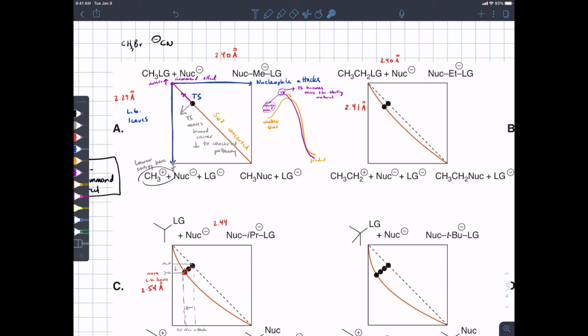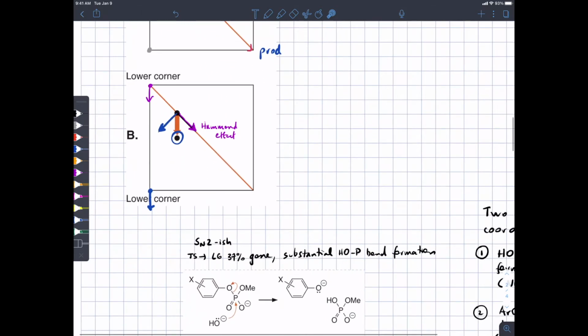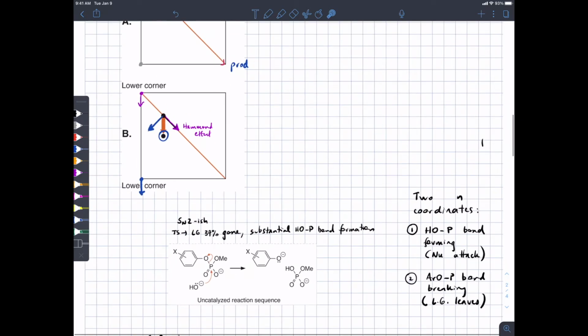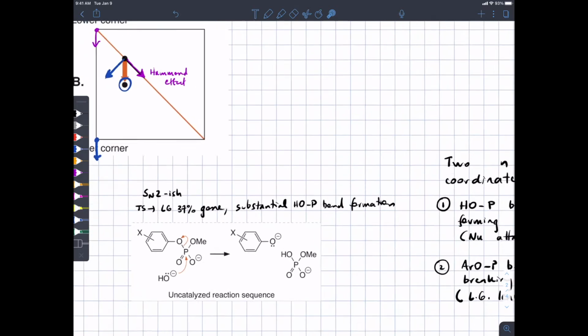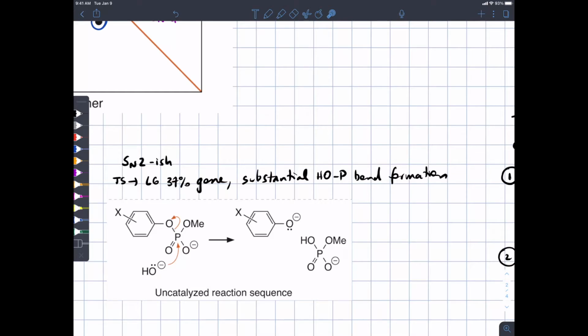Let me show you an example of some actual chemistry, an actual reaction where this kind of analysis helped the researchers understand the nature of a catalytic reaction. So here is a reaction, the hydrolysis of a phosphoester.